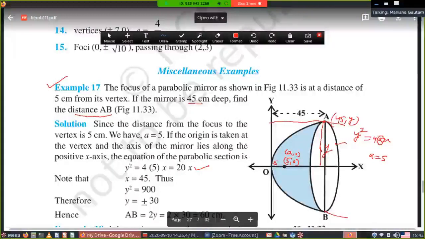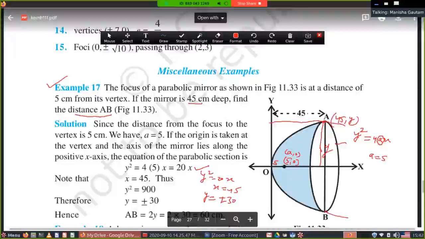If I extend this parabola, and this point is lying on the parabola, then this point will satisfy the equation of the parabola, that is y squared is equal to 20x. If x is given to you as 45, then you can calculate y. Y is plus minus 30.